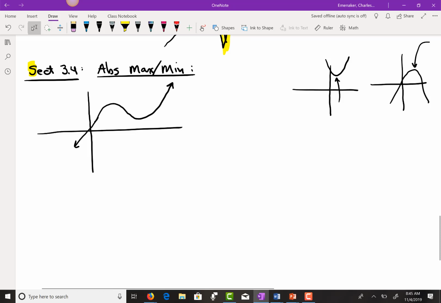And the answer is no. Because is there any place at which it stops, or does it keep going all the way up to infinity? It has a relative maximum right there. On the flip side of the coin, does it have an absolute minimum? Same answer, no. But it has a relative minimum right there.